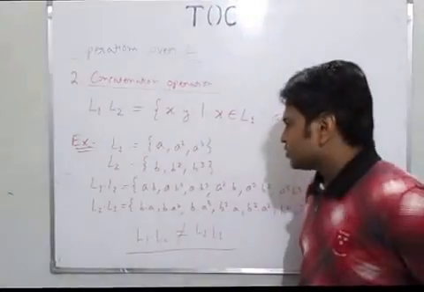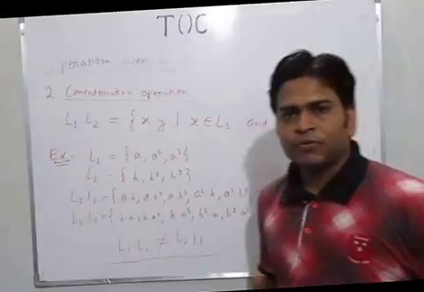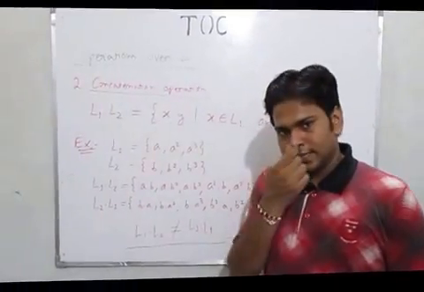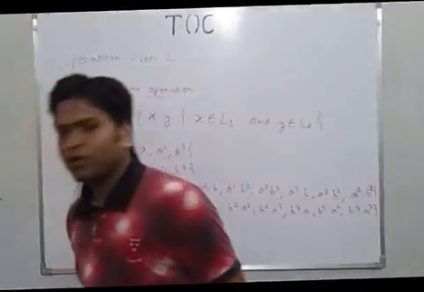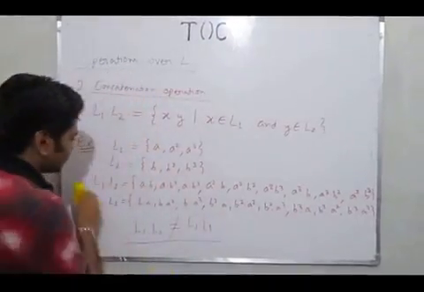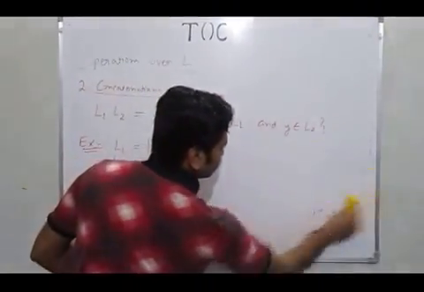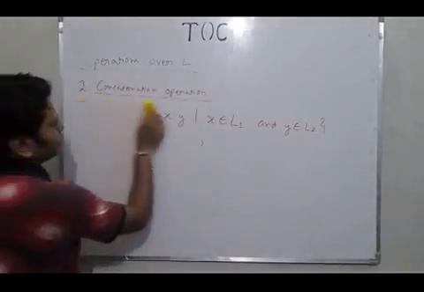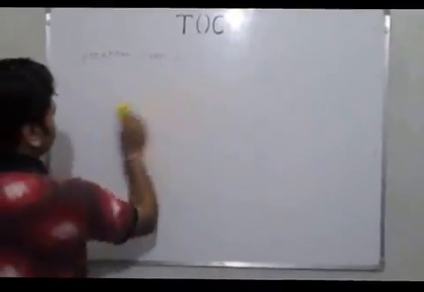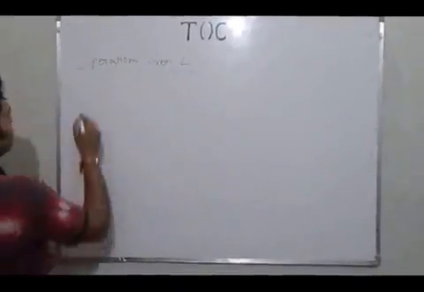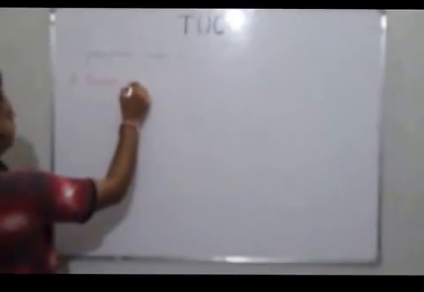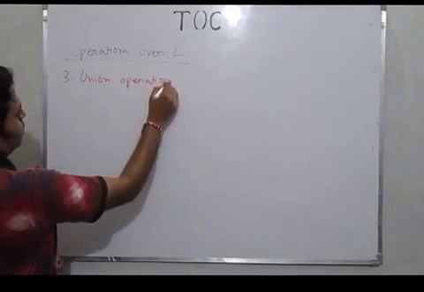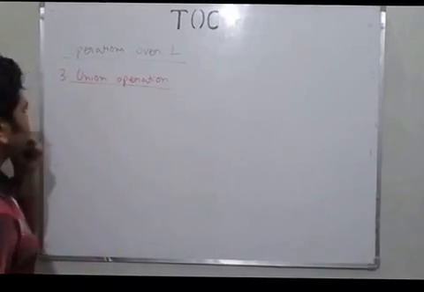Right? So the next operation that we can perform over the language is the union operation. So how can we perform the union operation over these languages, let us check that. What is a union operation?